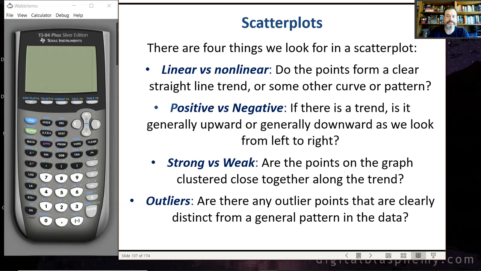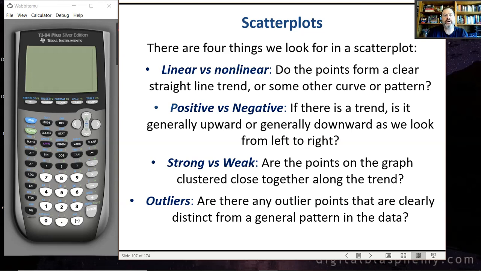This is all descriptive. None of this is quantitative. Positive versus negative: if there is a trend, is it generally upward or generally downward as we look from left to right? Strong versus weak: are the points on the graph clustered close together along the trend? And of course, we're going to look for outliers, right? But outliers in scatterplots mean something different, and we'll get there in a sec.